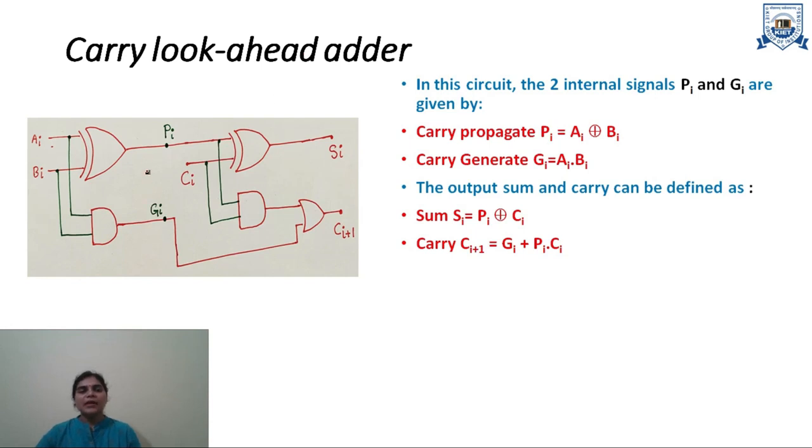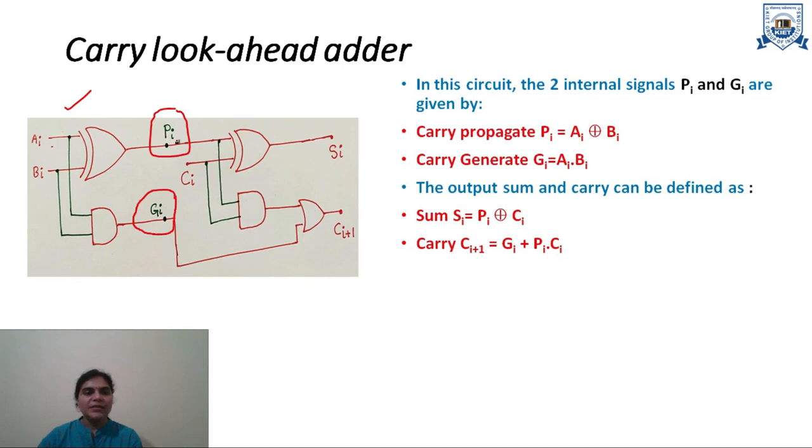Now we have a full adder circuit made with the help of two half adders. As we know, in the ripple carry adder, a full adder was used at each stage. We have seen the delays in carry output as well as sum output. So here in this diagram you can see that there are two internal signals, one is Pi and the second is Gi.